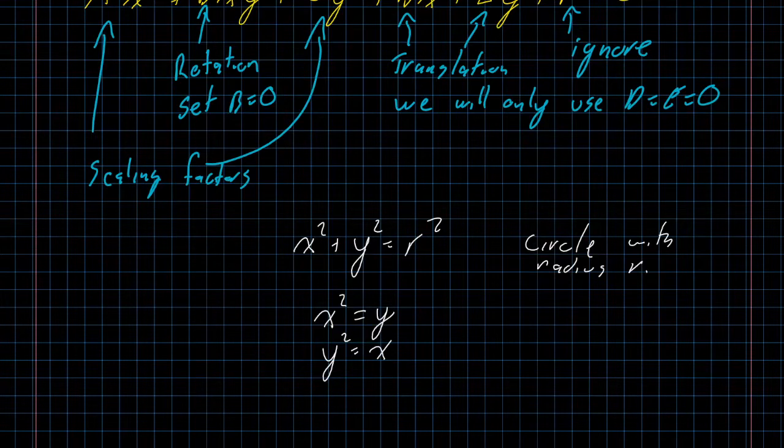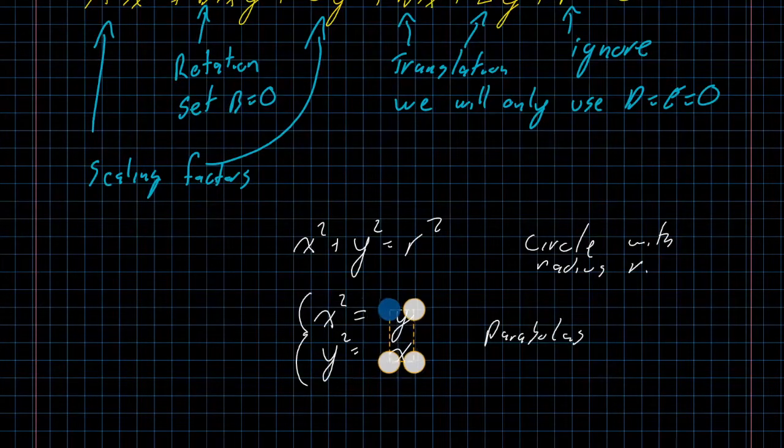Two other graphs. These ones actually don't quite follow the rules that I set out, but it should make some sense to you. x squared equals y, and y squared equals x. These are our parabolas. And I suppose that there should be a constant thrown into the mix here.